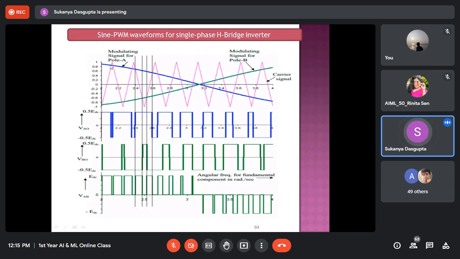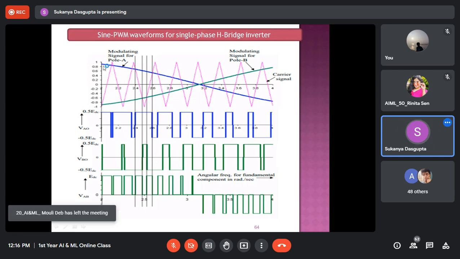Since this type of control strategy I have taken here is for two phases only, phase B is definitely 180 degrees out of phase with phase A. This is the case for a two-phase system, not a three-phase system, where phase B is 180 out of phase with phase A. That's why I have chosen Vm sine omega t for the first phase as the modulating signal, and minus Vm sine omega t, or you can say Vm cos omega t, for phase B. The green one is just 180 out of phase with phase 1.